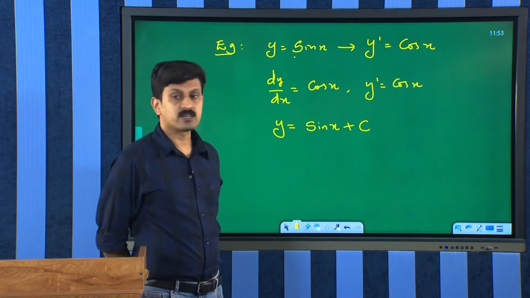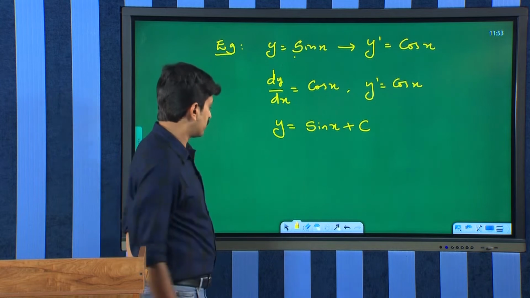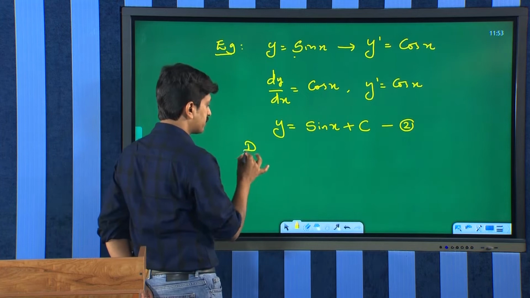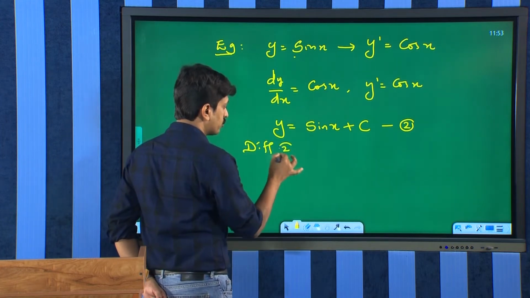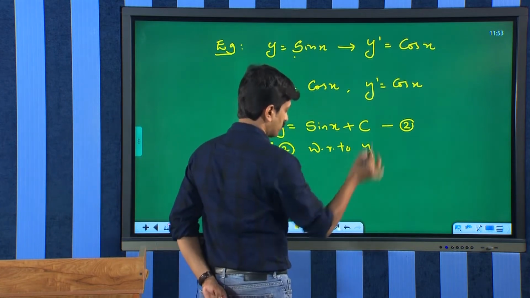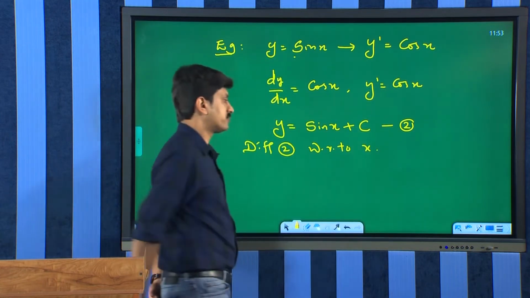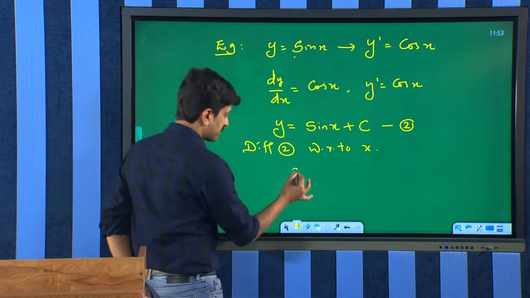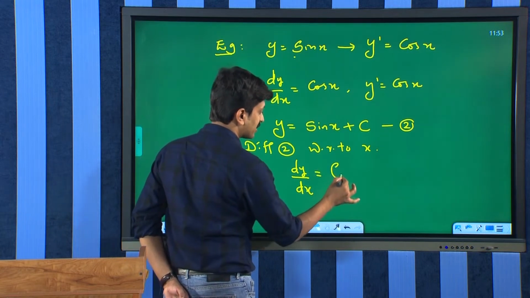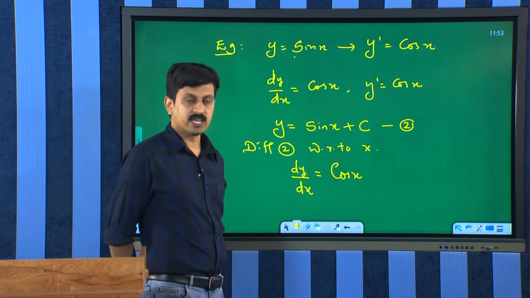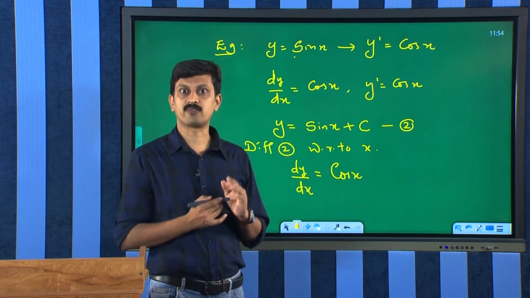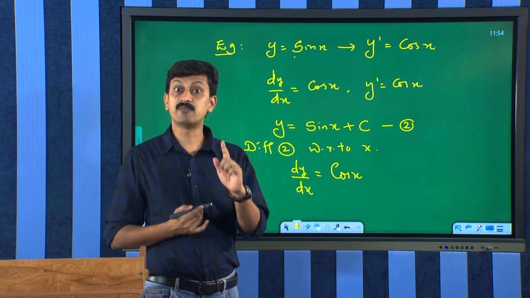As it is another function, I would like to differentiate this again. I put this as equation number 2, and differentiate 2 with respect to x. dy by dx is equal to the derivative of sin x, which is cos x, and the derivative of c, even though it is an arbitrary constant, is 0, since it is a constant.